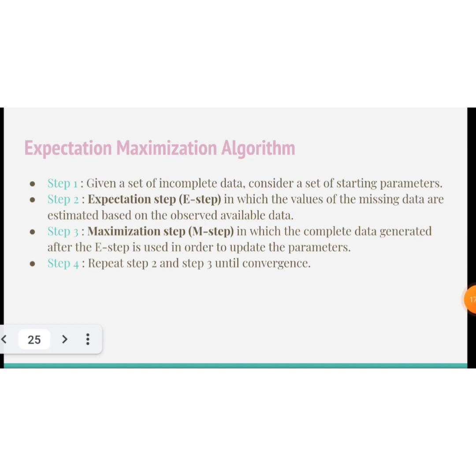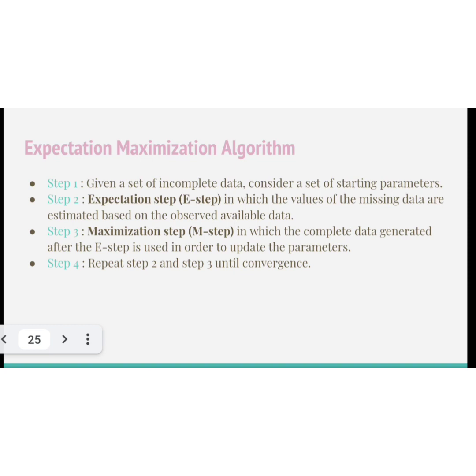Now the next step is called the maximization step, or it is also called M step. Now in this step we use the complete data now generated. That means it was incomplete data that we had, and we have estimated or guessed the missing values based on the data that is available. Now it has become somewhat complete data. Now using this complete data generated in the second step, we will try to update the values of parameters.